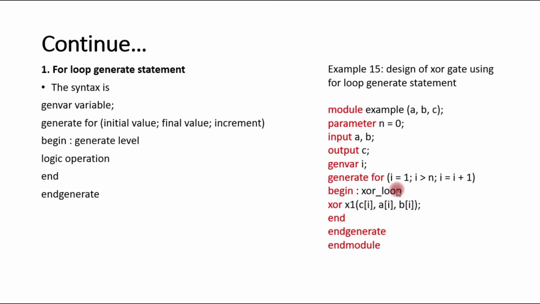In second loop, when i equal to 2, condition is true, XOR will be C2 A2 B2, similar to next numbers. So here we can generate multiple copies of the XOR function and then endgenerate module.